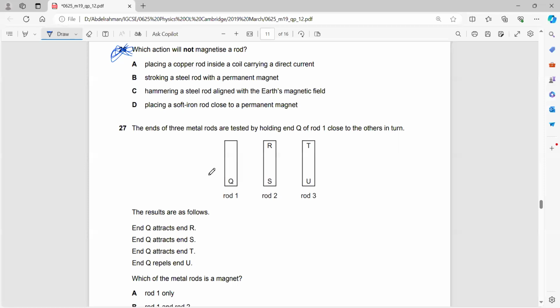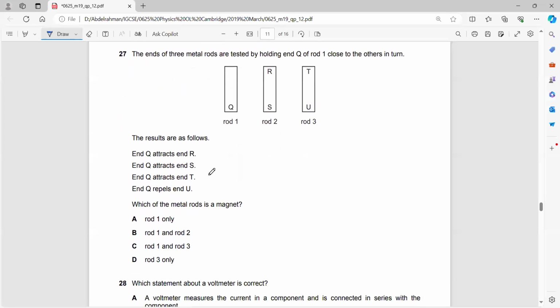Question 27. The ends of 3 metal rods are tested by holding end Q of rod 1.